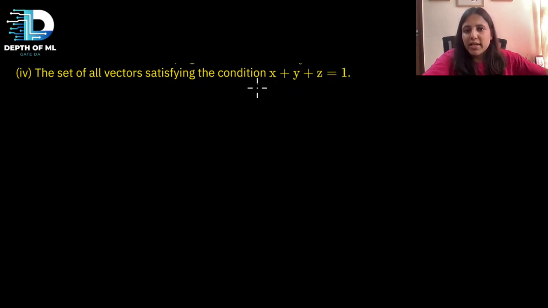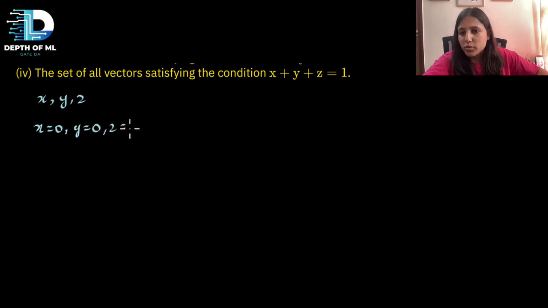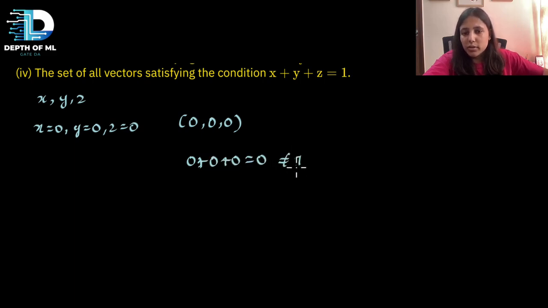Okay, so we have this x plus y plus z is equal to 1. So we have x, y and z. Let me take x equal to 0, y equal to 0 and z equal to 0. So it means 0, 0, 0. This vector I want to check whether it belongs to this set, but 0 plus 0 plus 0 is actually 0, which is not equal to 1, right?